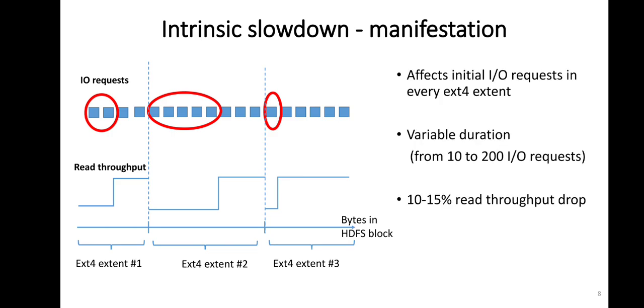Again, to emphasize, intrinsic slowdown affects the initial I/O requests in each ext4 extent, and the duration of the anomaly is variable for each extent. In some cases it lasts 10 requests, while in others it lasts 200. And it results in a 10 to 15% read throughput drop.